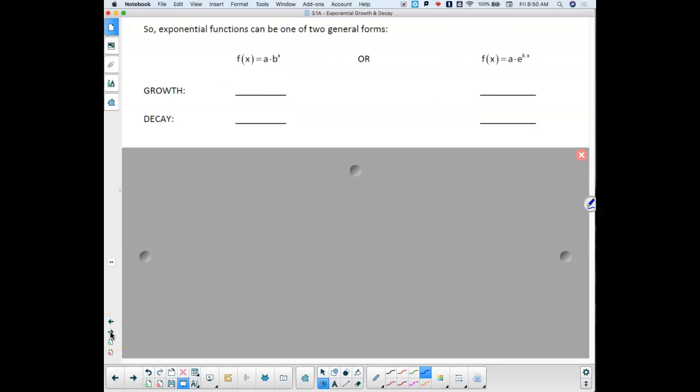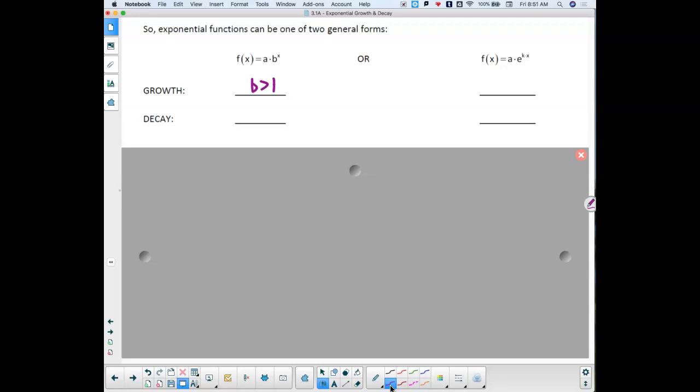So let's compare the two forms, yesterday and today. Yesterday, if it was a growth function, we said that b had to be bigger than 1.